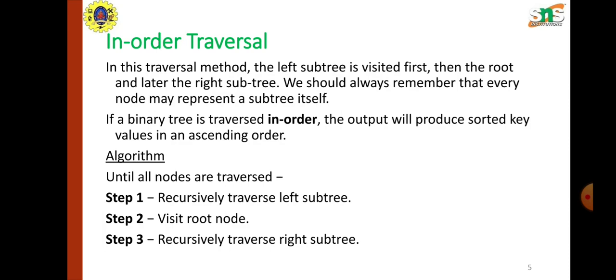In-order traversal is a process of traversal in which the traversal starts from the left subtree, then the root node is visited, then the right side node is visited at the end. In this order, all the nodes in the tree will be visited. This is known as in-order traversal.